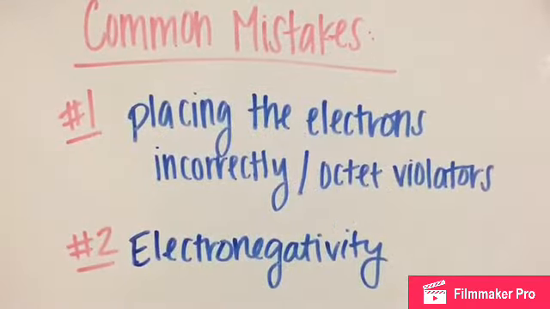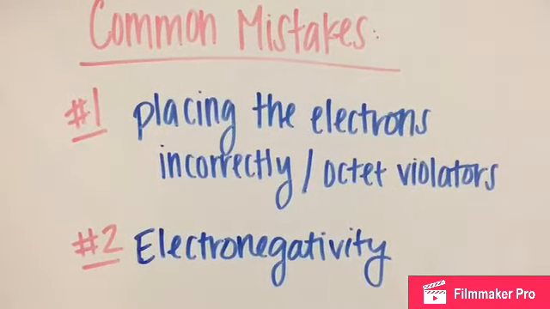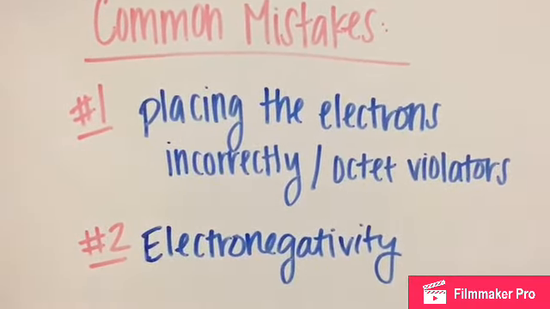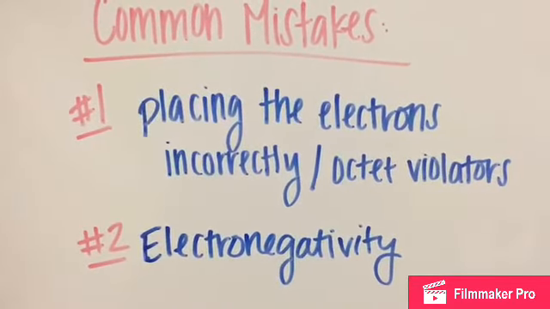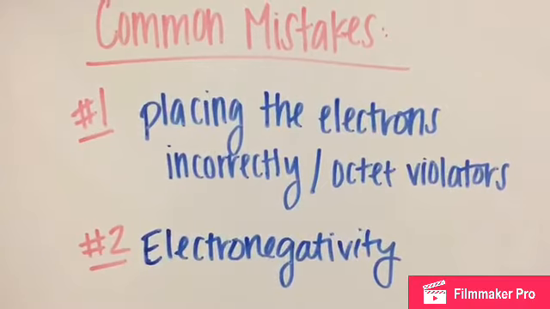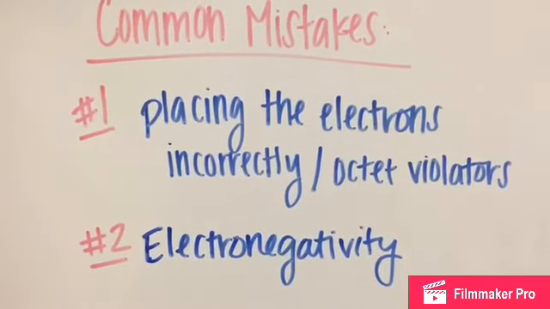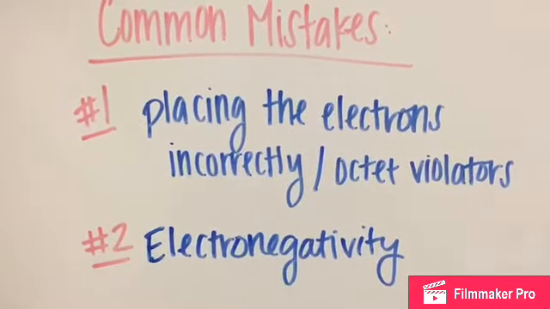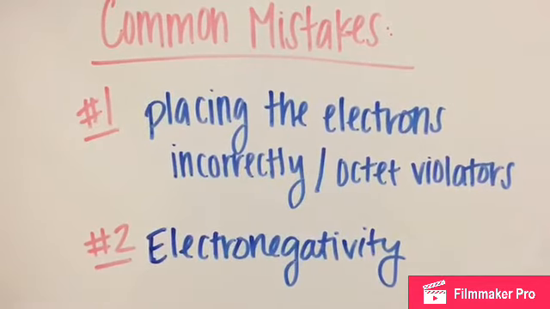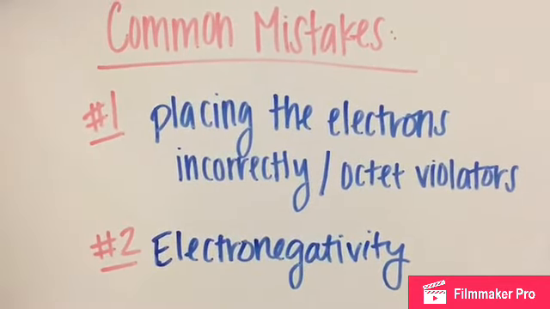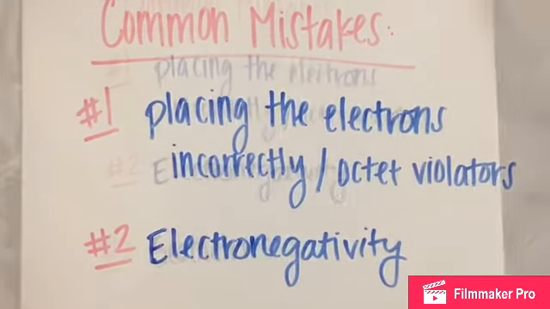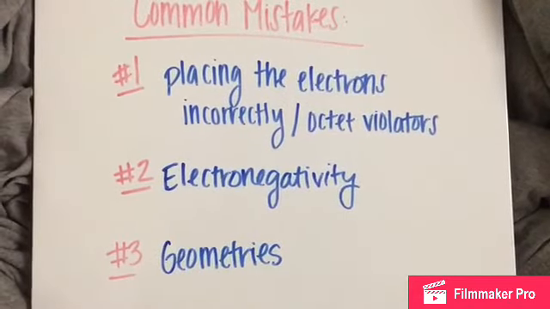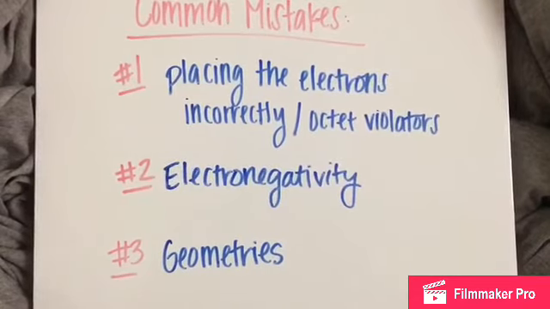The second common mistake is not knowing the electronegativity trend. If you don't know your electronegativity trend, this can create confusion when you are trying to draw the bond dipoles, and so in the end you get confused on if they cancel or if they don't cancel. The third common mistake is not knowing the geometries.